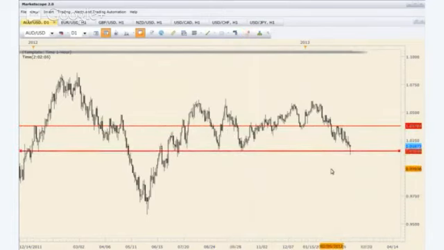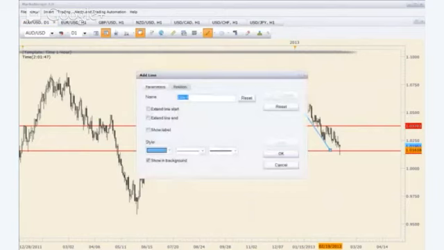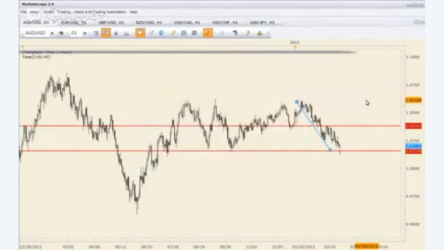So I'm going to use the red horizontal lines as major boundaries. And we can see that this pair Aussie is in a downtrend.